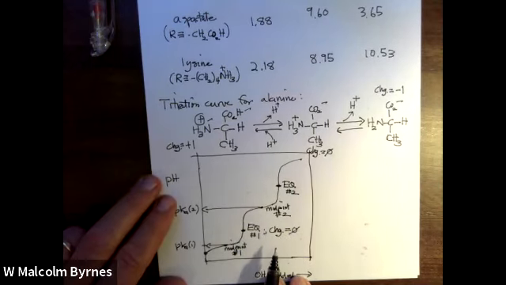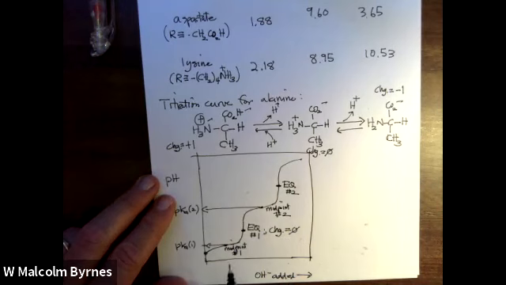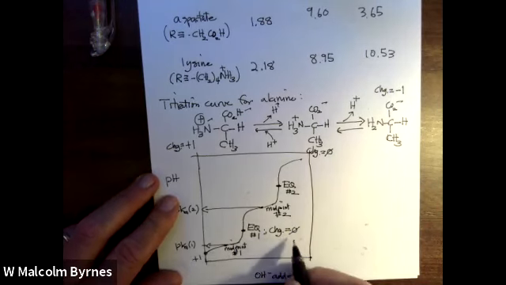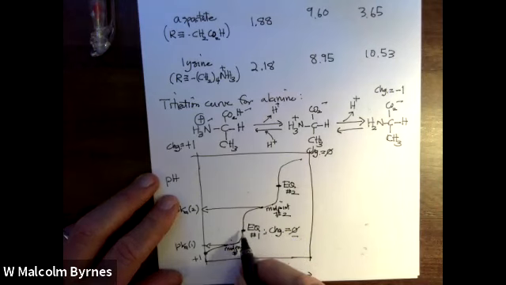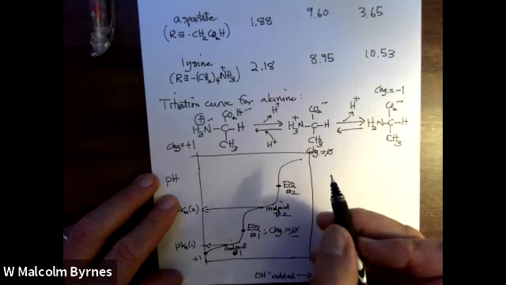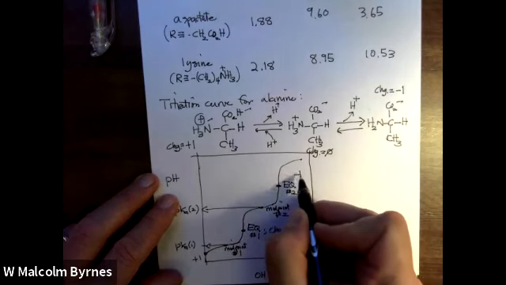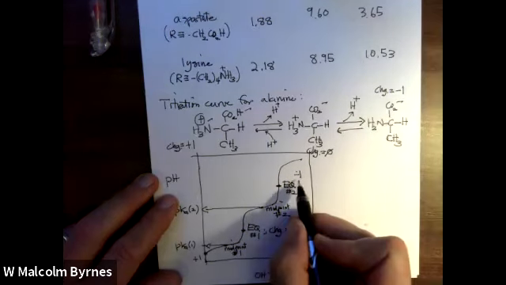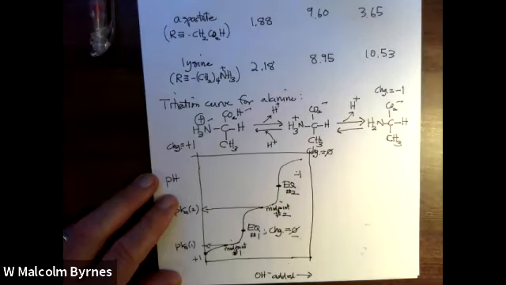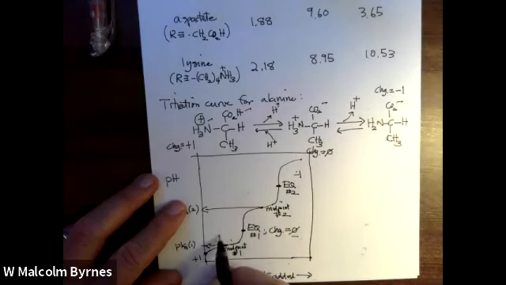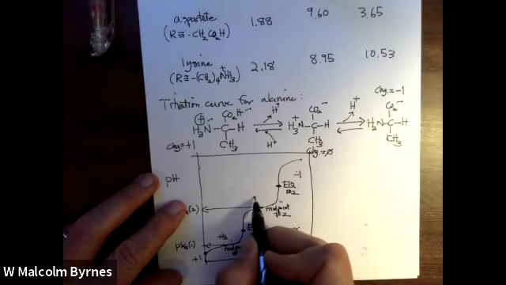So how does the charge change? It goes from +1 at the beginning, to 0 at the first equivalence point, to -1 at the second equivalence point. And at the midpoints, the charges will be +1/2 and then -1/2.